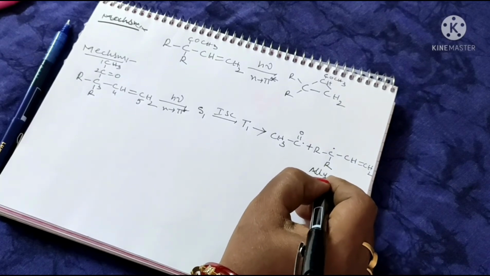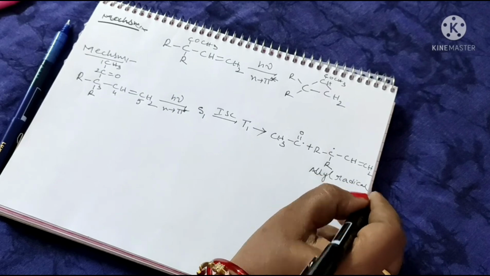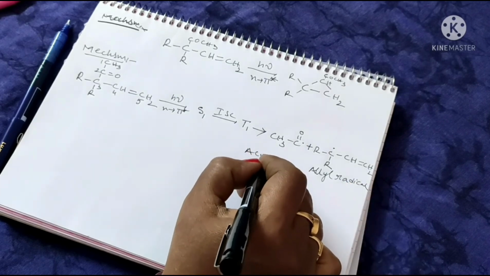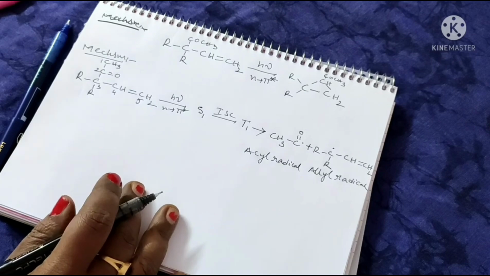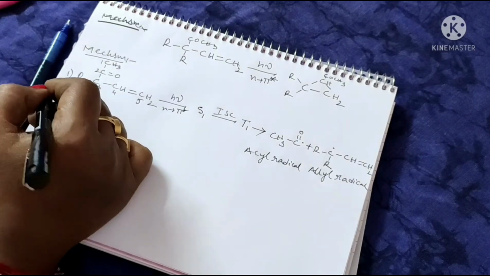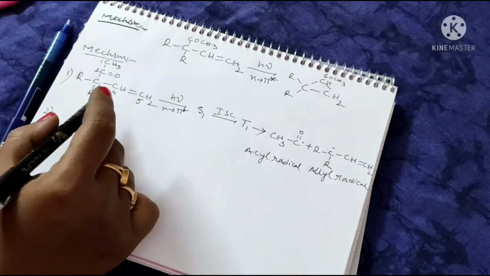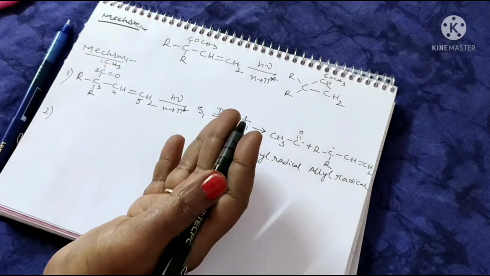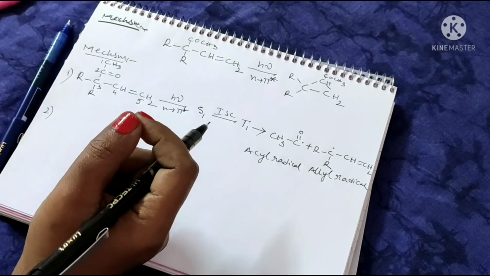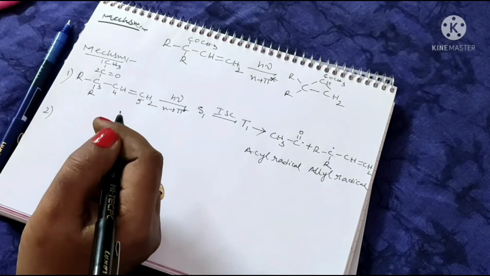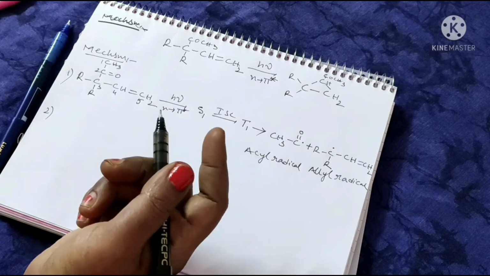This is the allyl radical and this is the acyl radical. That is the first step in the mechanism. And the second step is the acyl shift. The most important characteristic of oxa-di-pi-methane rearrangement is the 1,2 acyl shift, right?